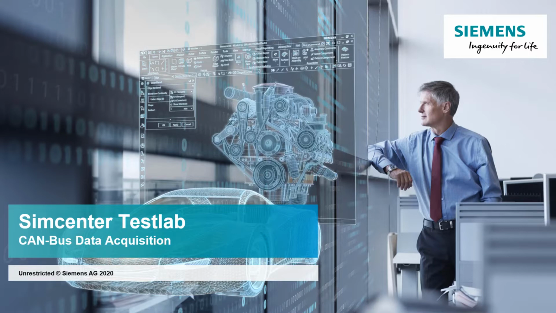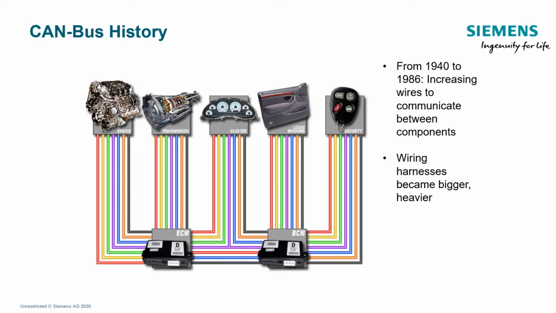As Charles said, today the topic is CAN bus data acquisition. If you're a SimCenter Test Lab user using our SCADAS, you might try to acquire data from a controller area network. I thought I'd spend a few minutes to explain how CAN bus came about and what it is.